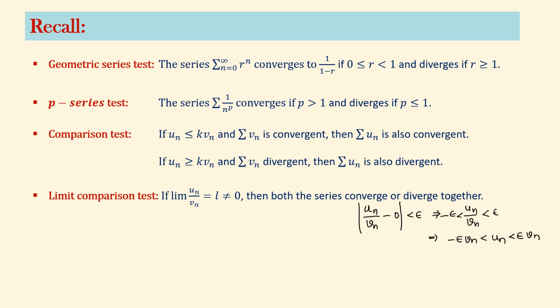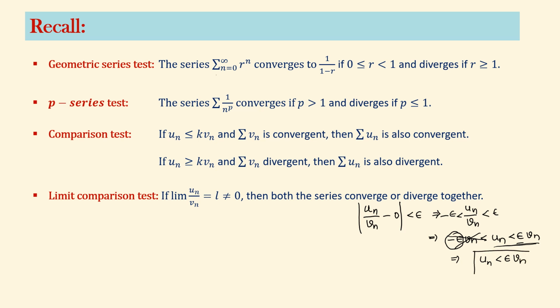Because of the minus epsilon side, I am omitting it, because from the comparison test k must be a positive real number. Epsilon is a positive real number, so I am considering only these two. So we have un is less than epsilon times vn.